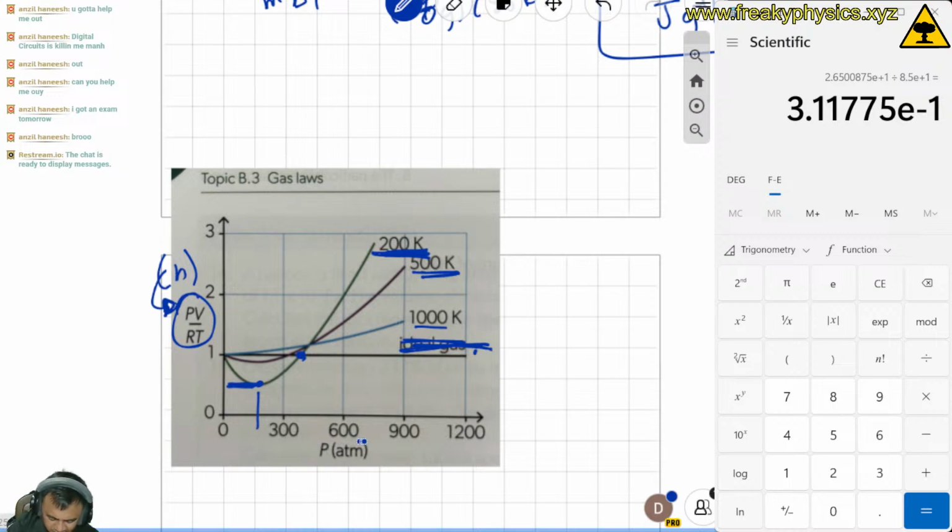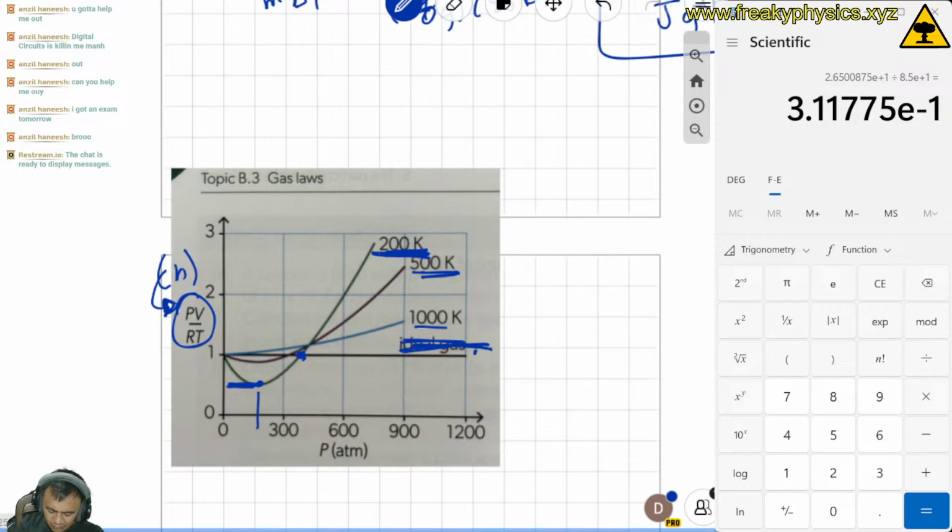Okay, so what does this mean here? This means that since pressure decreases, the volume could also change depending on how this curve looks. Yeah, that makes sense in my head. Basically, what it's telling us is that for different temperatures and different pressures, because we're not using n anymore, we're using PV over RT. These would be the corresponding values of PV over RT for these temperatures and this pressure.